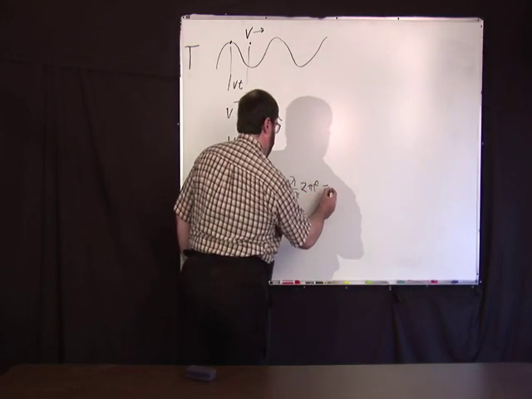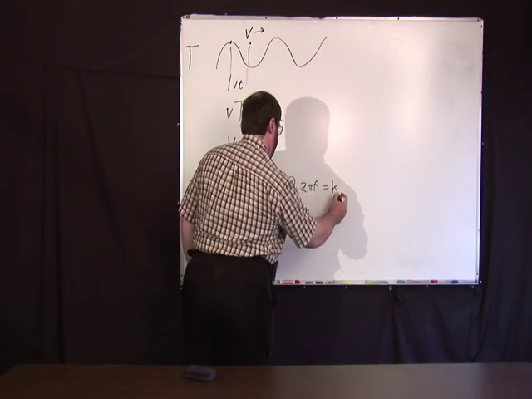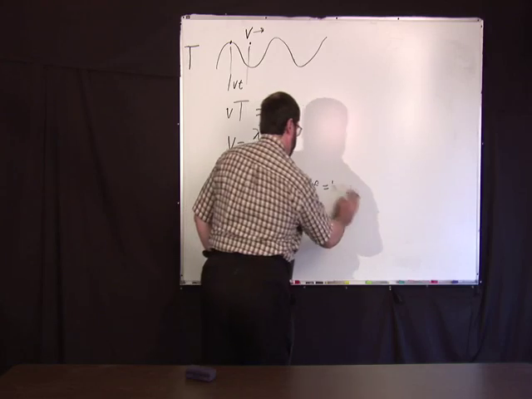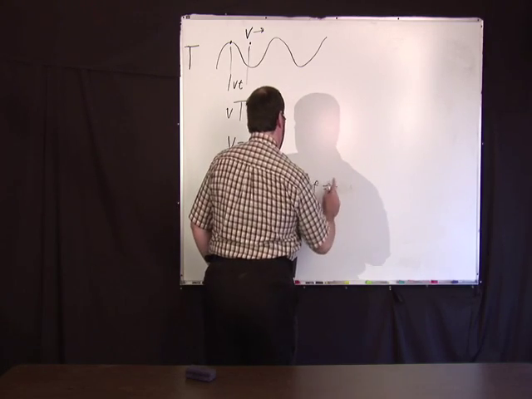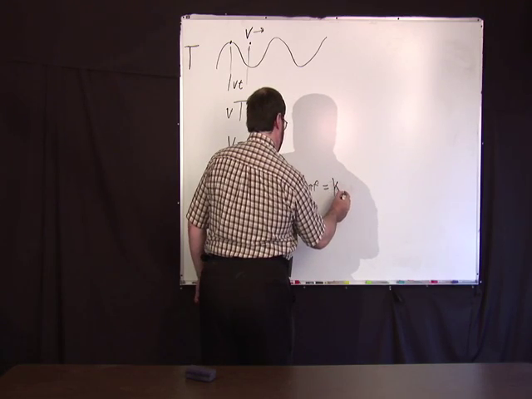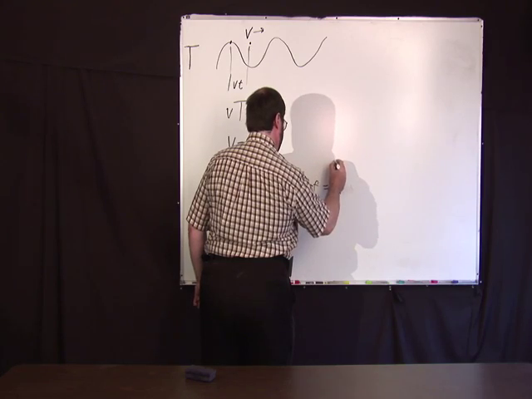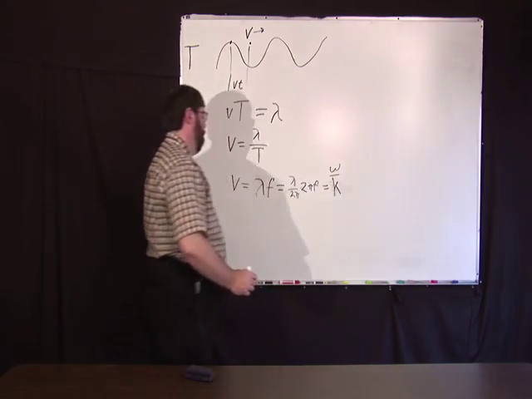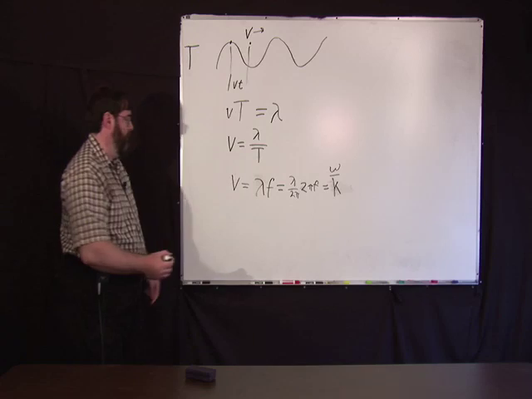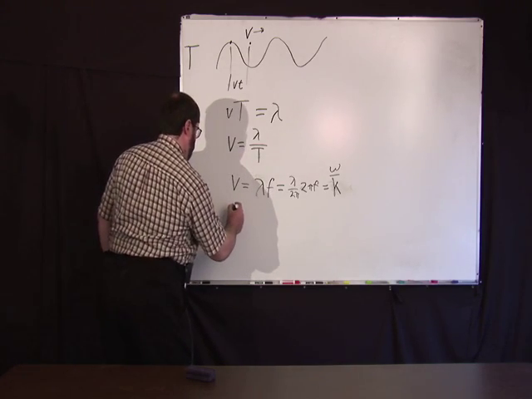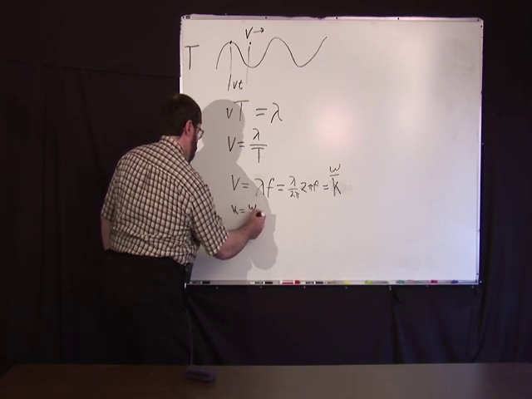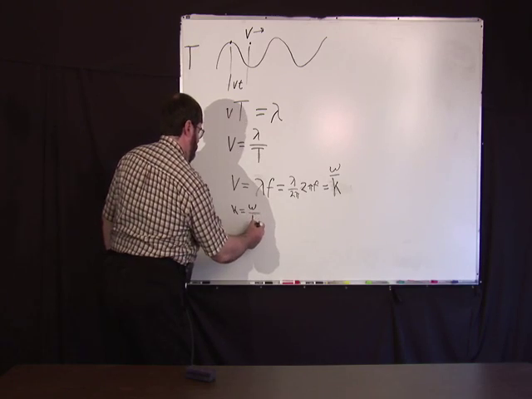Well, this is omega over k. So in this case, k is equal to omega over v.